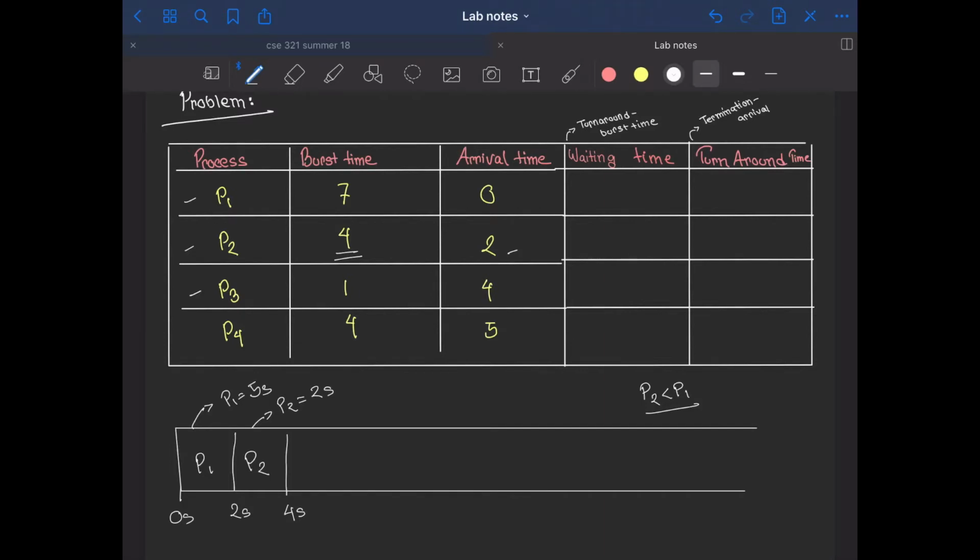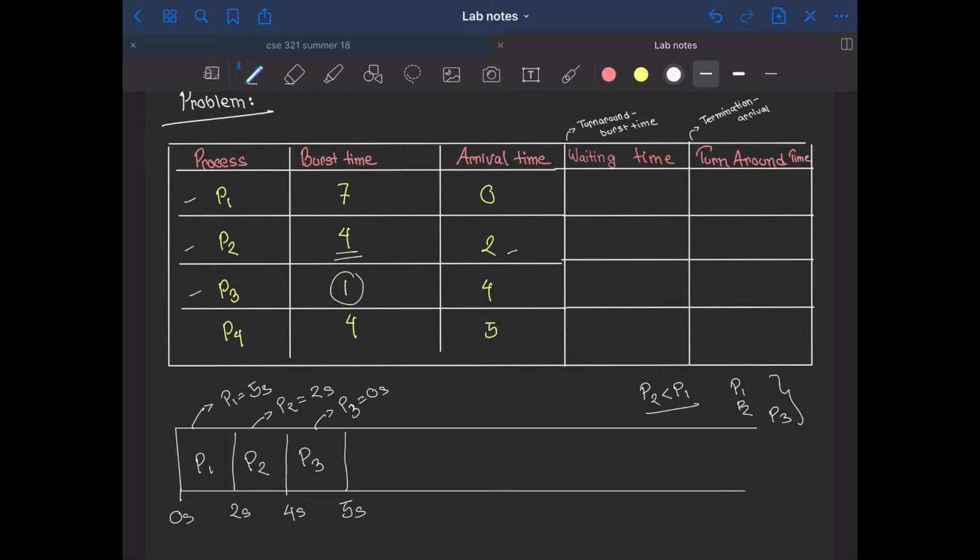Now we have to compare P1, P2 and P3, and among all of these, which one has the smallest burst time? P3 definitely has the smallest burst time, because it has 1 second. So P3 takes the CPU, P3 works for 1 second, so P3 wouldn't have anything left. So at the 5th second we are done.